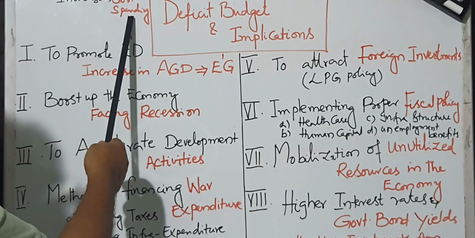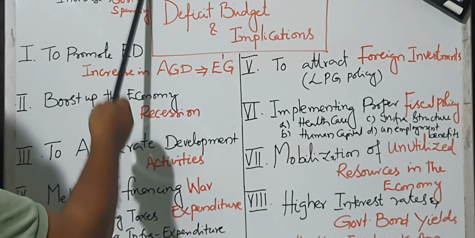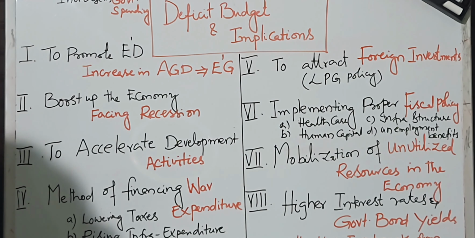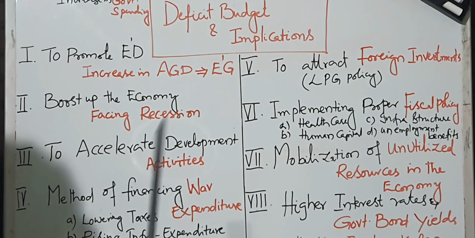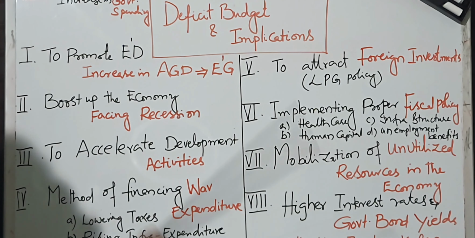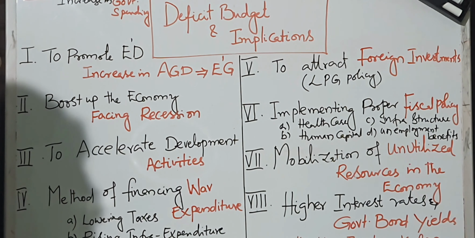Increase in government spending without increasing the taxes on the public is a deficit budget. So there is a deficit in the budget due to lack of proper revenue to the government.